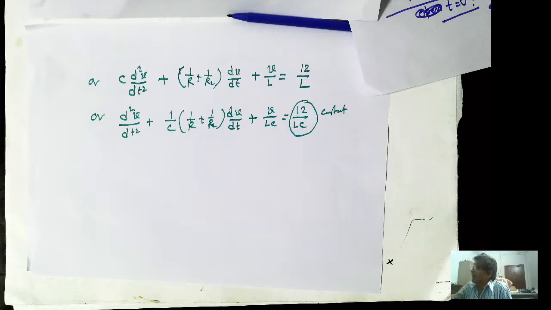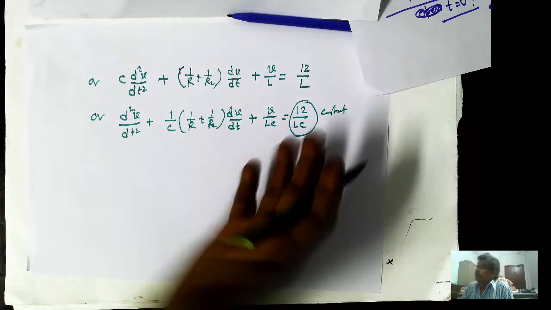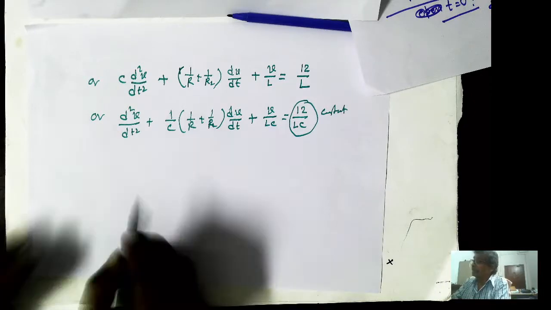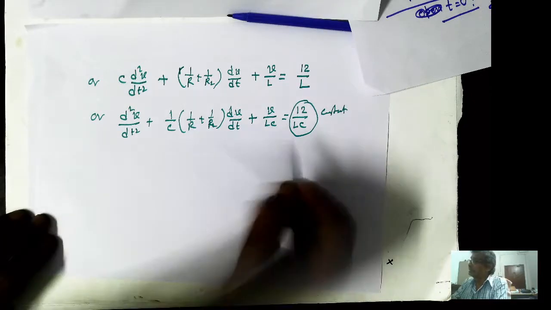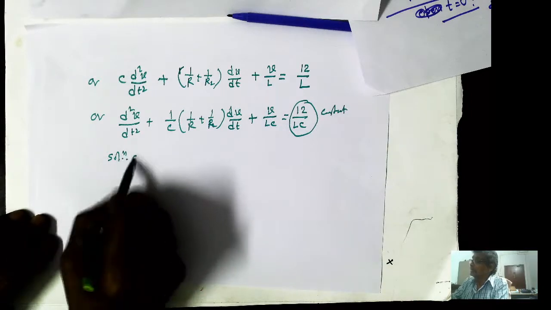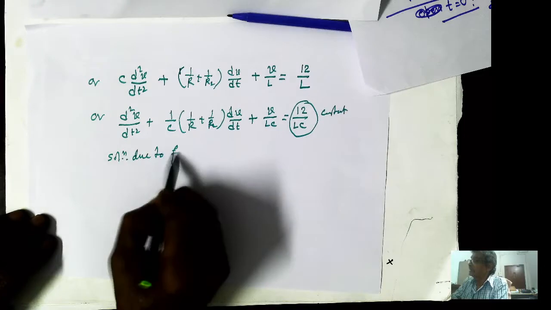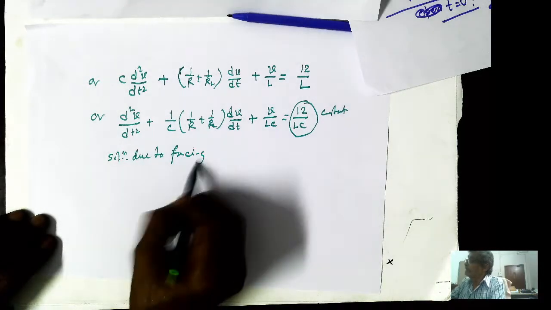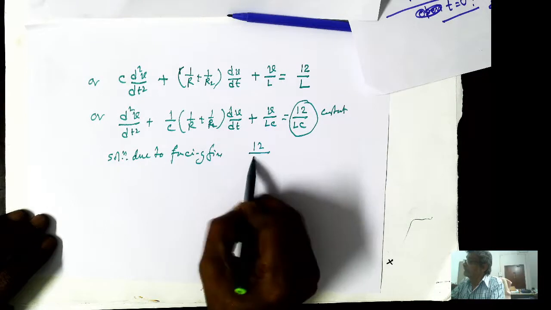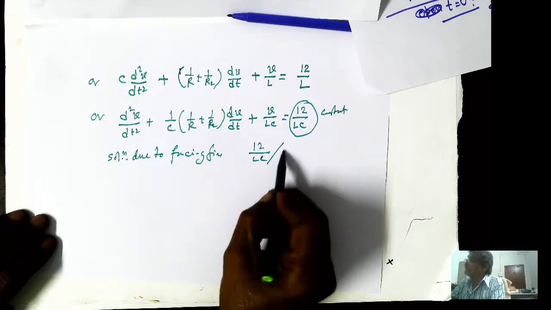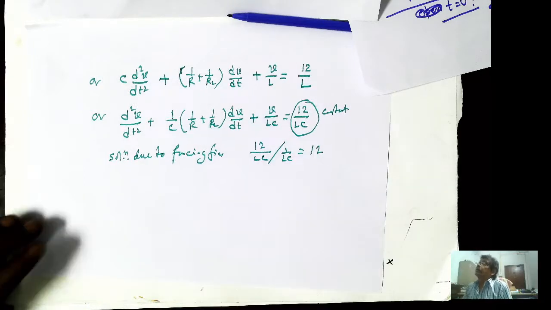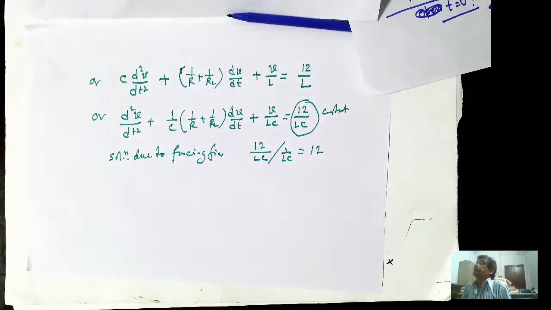And after I have got this, the solution of the natural response, and what is the solution due to forcing function? Solution due to forcing function will be 12 by LC divided by 1 over LC, that is 12 volt. That will be the solution.